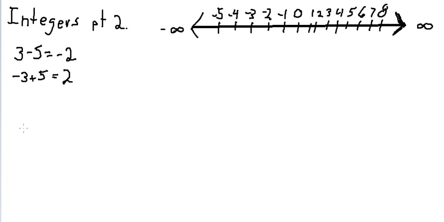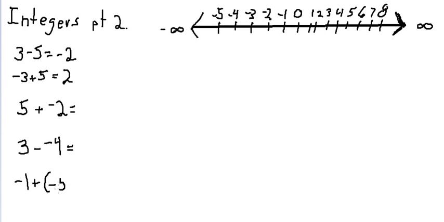Now, after this gets going and you're confident like this, a lot of times your teacher will start bringing you problems like 5 plus a negative 2, or 3 minus negative 4, or even negative 1 plus negative 5.